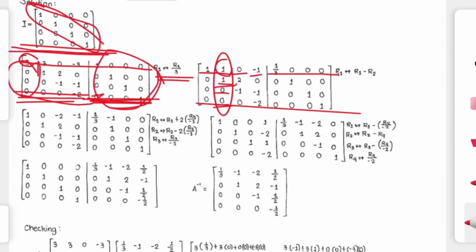So for it to be 0, we have r sub 1, or row 1, minus row 2. So this is with respect to row 2.